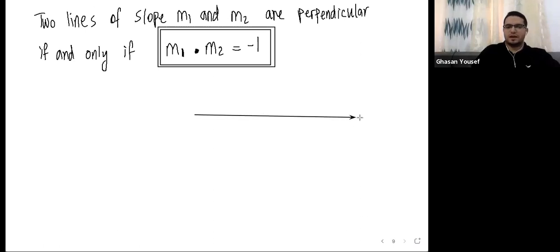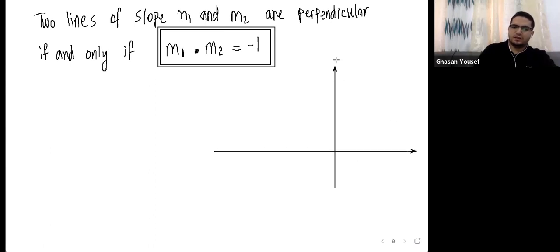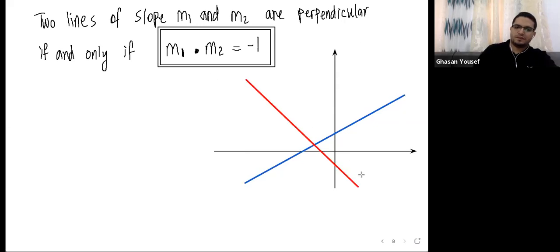So suppose these are the two lines. The first one is the blue color, like this, and the second line is this.